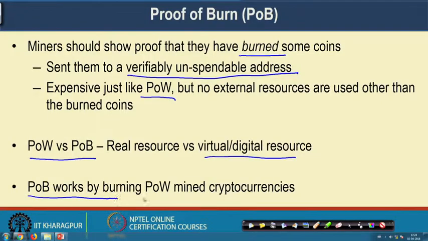That means, once the proof of work gets settled down and people have a certain amount of digital currencies with them, then gradually you can move to a proof of stake or proof of burn based mechanism. So, this proof of burn works by burning some proof of work mined cryptocurrencies. So, the original cryptocurrencies were mined by proof of work, then you burn them to participate in the next mining procedure when the proof of work system got saturated.